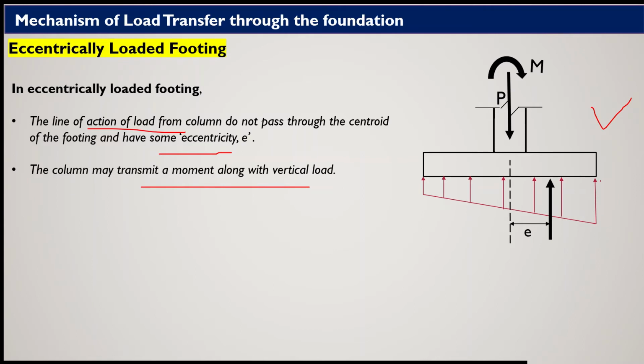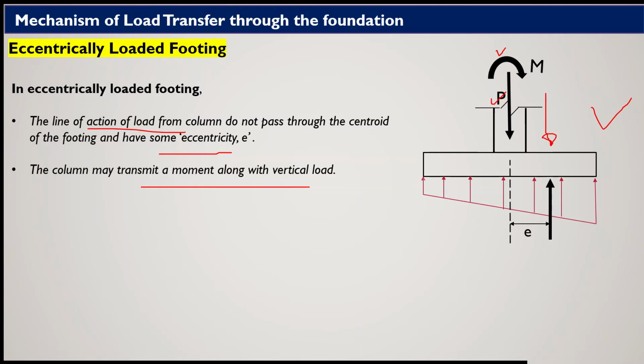Now you see the diagram here, the pressure diagram. You will see that the load is vertically downward and the moment is acting in the clockwise direction. So you will find that due to this moment there will be some eccentricity, or we can consider that this is one load and another load you can consider due to the moment by some eccentricity, and accordingly the pressure diagram will change.